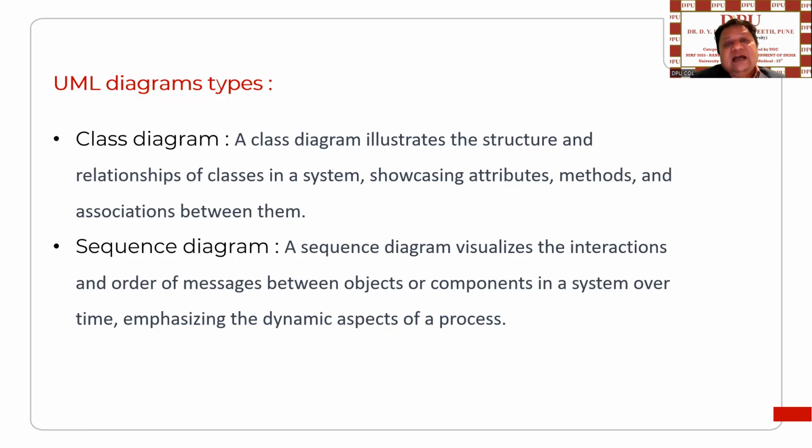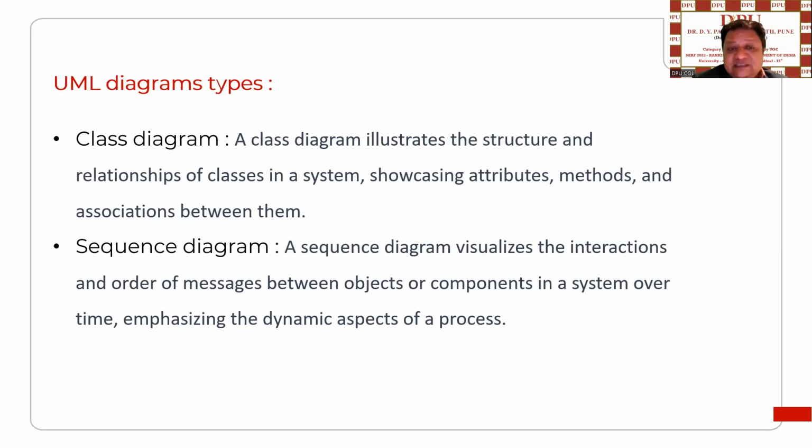If in my system I am using the concept of a class, then I can use the class diagram to show the structure of a class and the relationship of the classes in the system, showcasing their attributes, their methods, their behavior, and their associations.